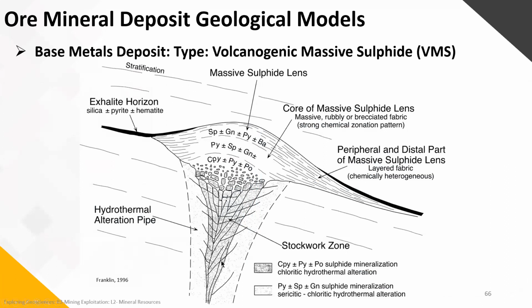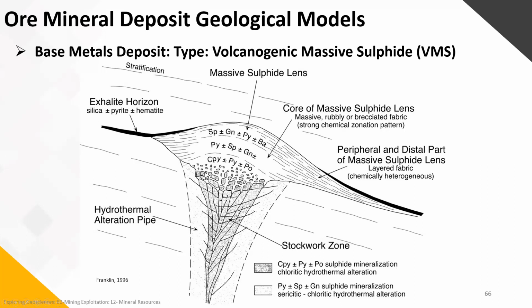If we cut right in the core of a VMS, this was defined by Franklin in 1996, who is the guru of VMS deposits. And this shows exactly where we stand when we sample a deposit, and it shows us if we are in the deeper portion of the core of the deposit, if we are moving upwards more to the surface, if we are in distal surface areas versus distal deeper areas.